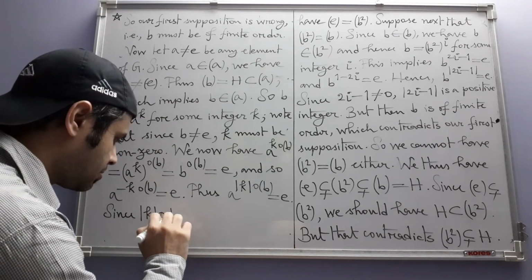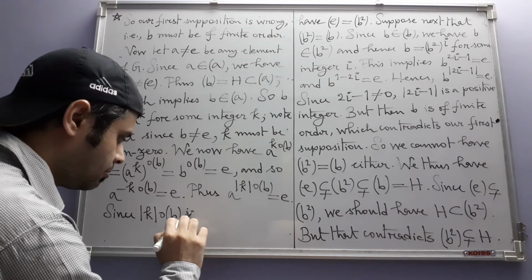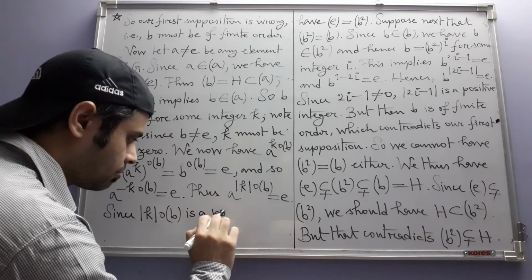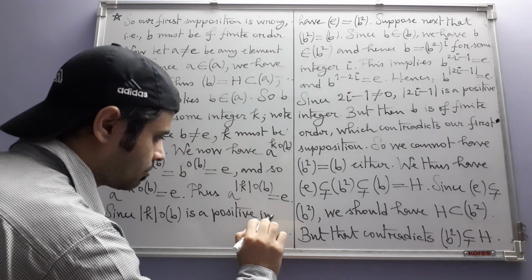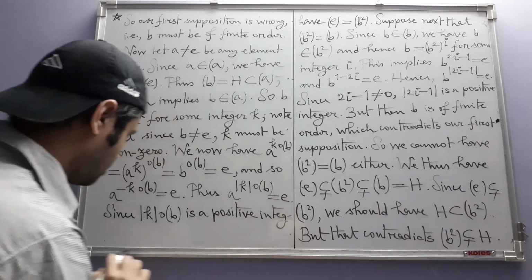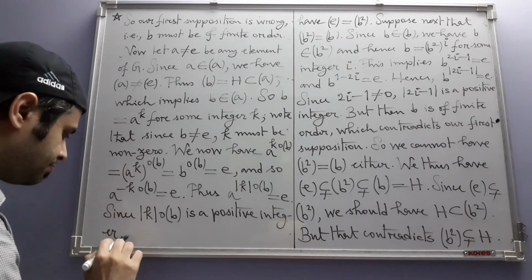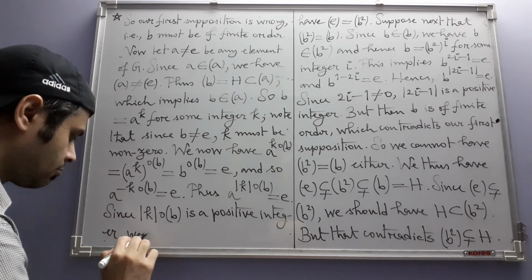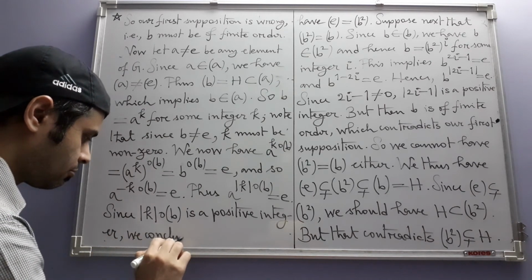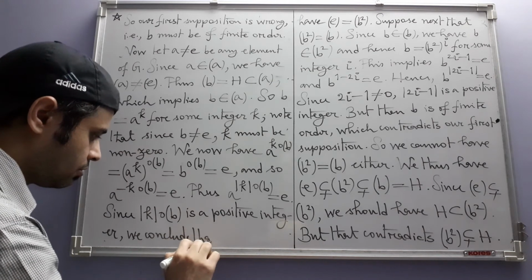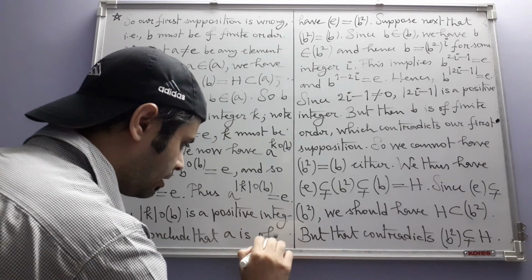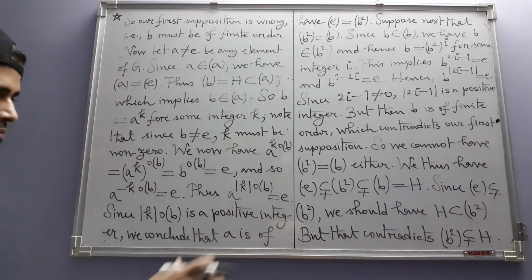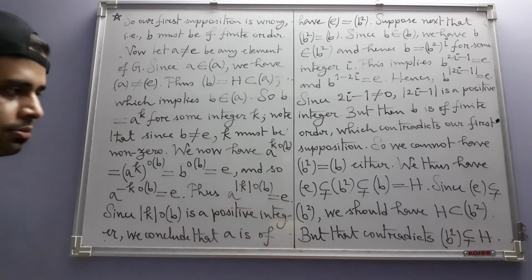Since this times order of B is a positive integer, we conclude that A is of finite order because one such equation is true.